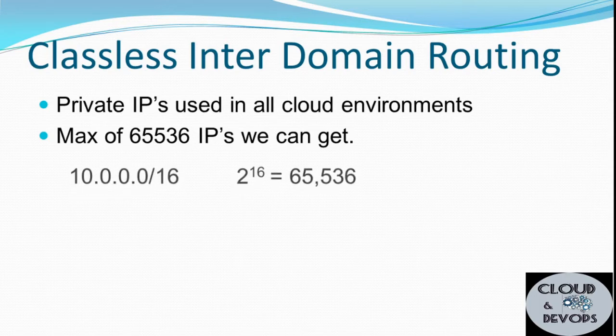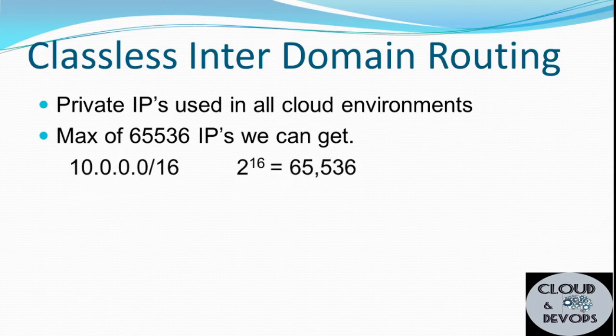Imagine I have chosen a network IP range 10.0.0.0/16. The /16 is the subnet mask, which tells how many IPs we are going to have in this network. So 2 power 16, which is 65,536 IPs, we can get for this network.